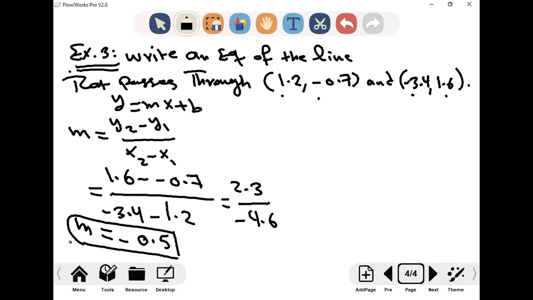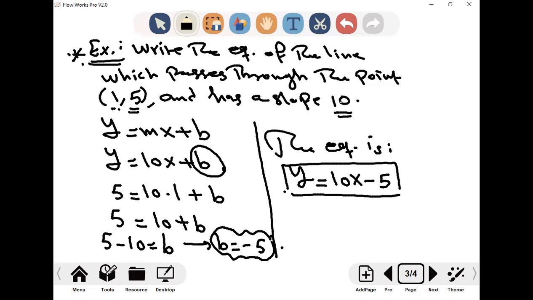Now I have m, right? Still need b. I will use one of the 2 points, any one. You can use the first one, you can use the second one, any point. The equation will be the same. Now I will use any point and this idea to find b.